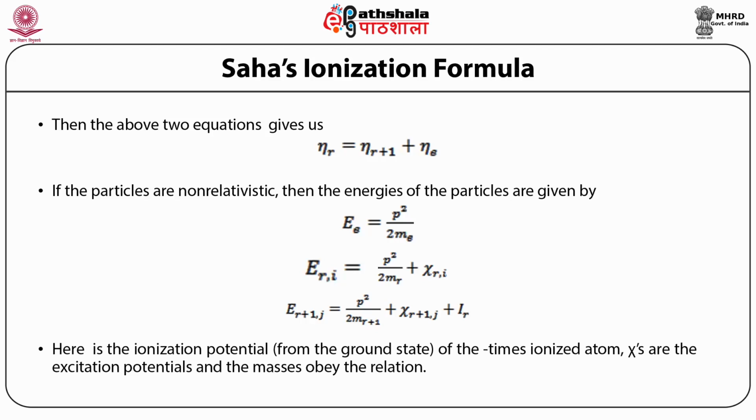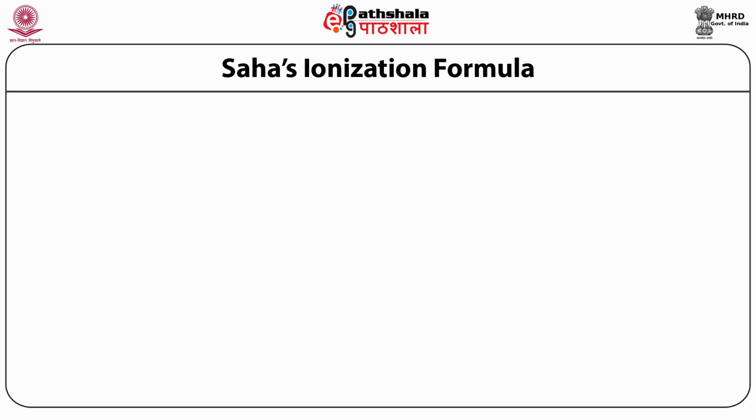Here i r is the ionization potential from the ground state of the r times ionized atom, the xi's are the excitation potentials, and the masses obey the relation m r equals m r plus 1 plus m e.